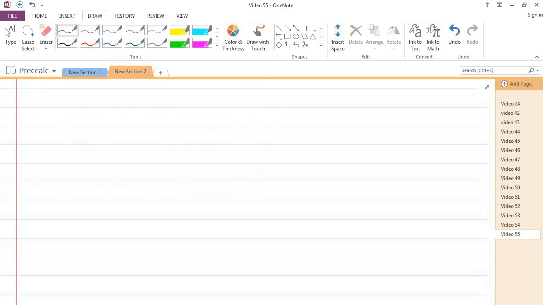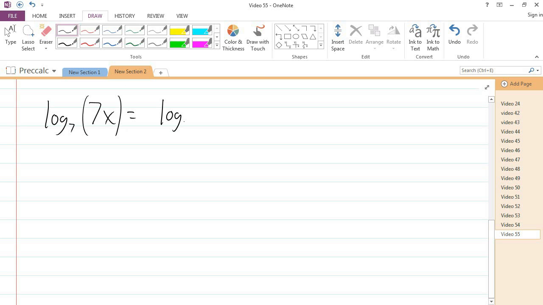So let's take a look at these properties in motion. If I have a log with 7 as a base of 7 times x inside of the logarithm, according to the multiplication property, this lets me split this up into two separate logs.